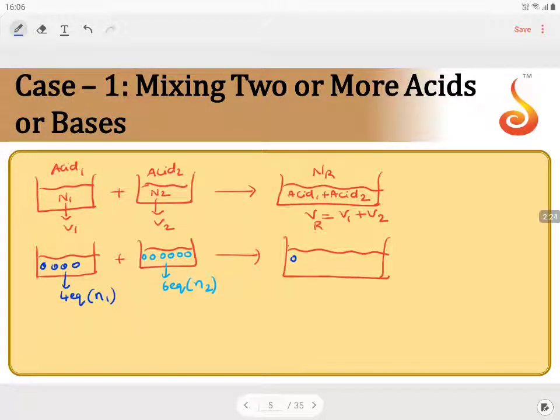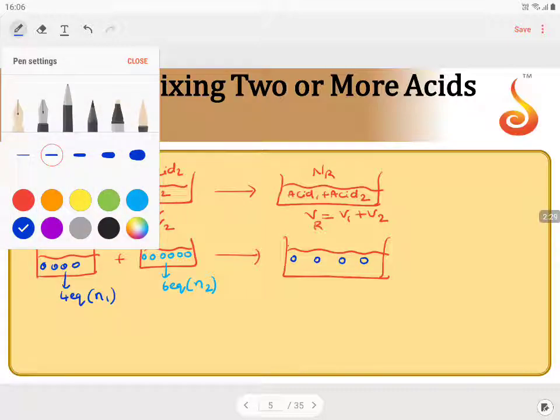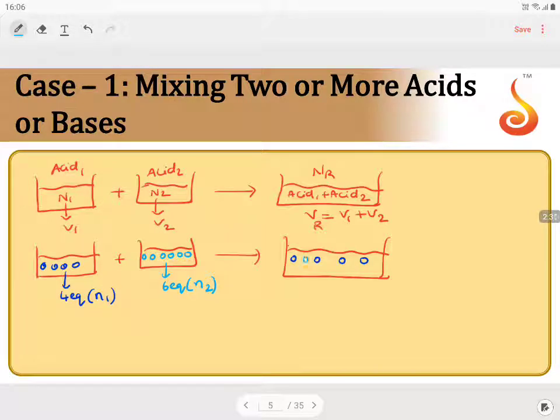You will have 4 particles present in this, along with the 6 particles which are also existing in this particular one. So overall the number of equivalents will be given as n equivalents is equal to n1 plus n2. So the total number of equivalents is taken as the sum of the number of equivalents of acids added to each other.